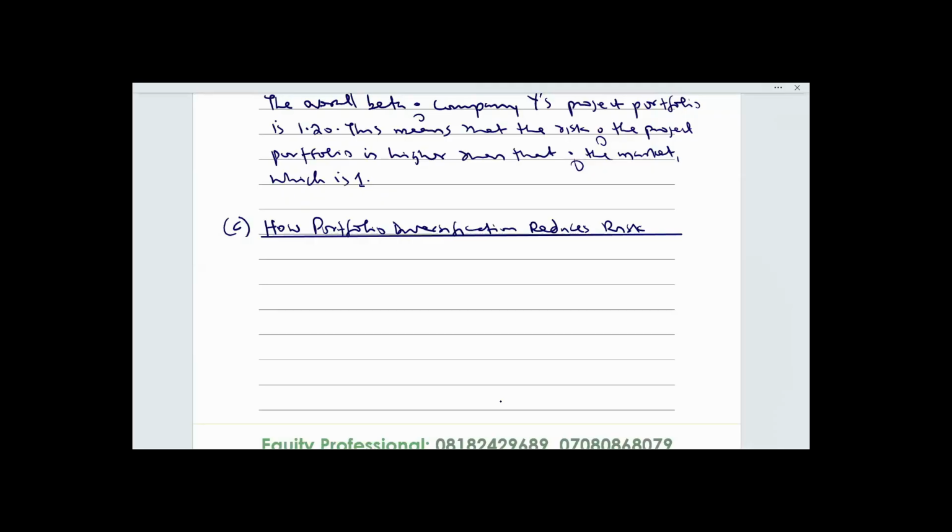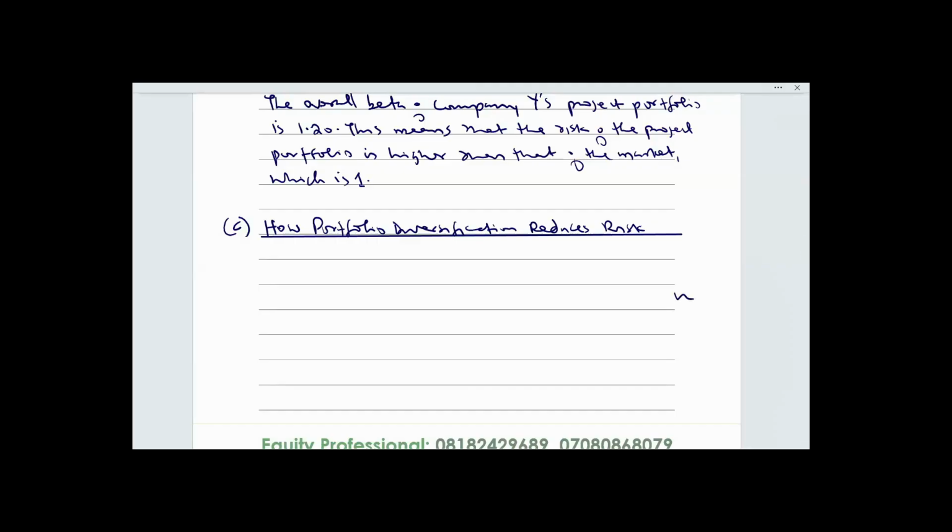Portfolio diversification is designed to help a rational investor avoid a catastrophic or disastrous investment outcome by not putting all your eggs in one basket. So that's basically how to minimize portfolio risk.